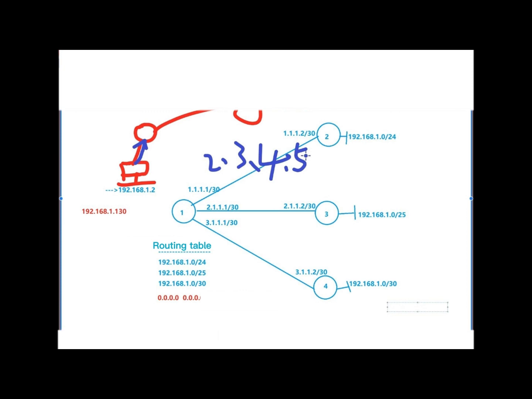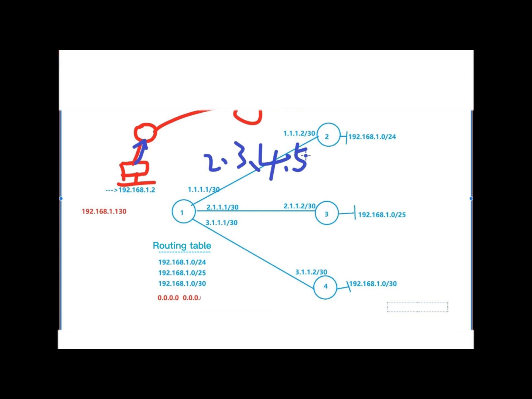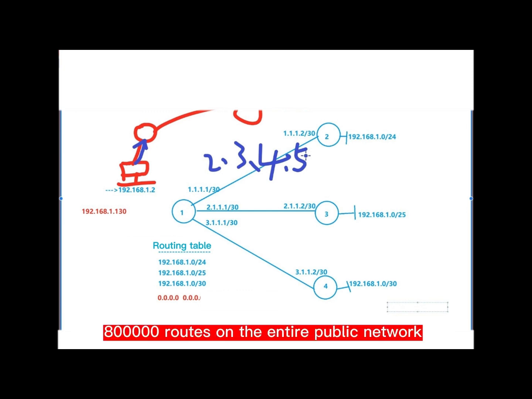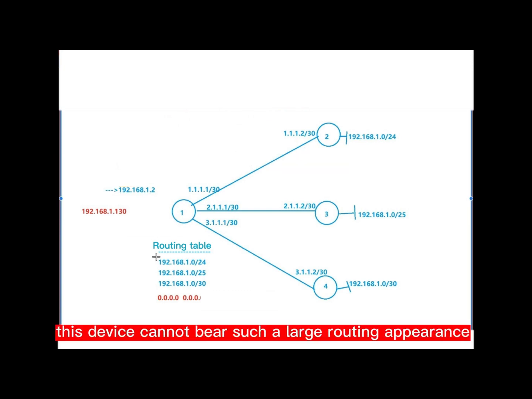Is it necessary for the export device to have every route? There are about 800,000 routes on the entire public network. Do we need more than 800,000 routes to reach every address? This device cannot bear such a large routing table.